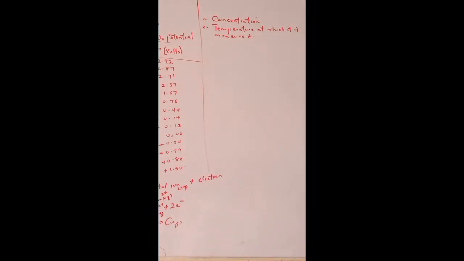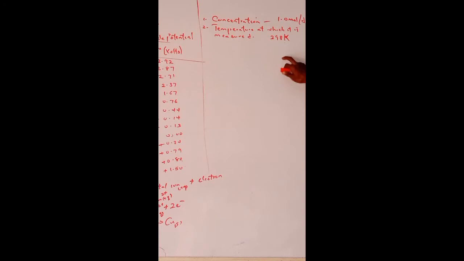At what temperature do we measure this? Before we talk of our standard electrode potential, we must be talking about 298 Kelvin. In practice, the specified standard used for the measurements are the concentration 1.0 mole per dm cube and the temperature 298 Kelvin.